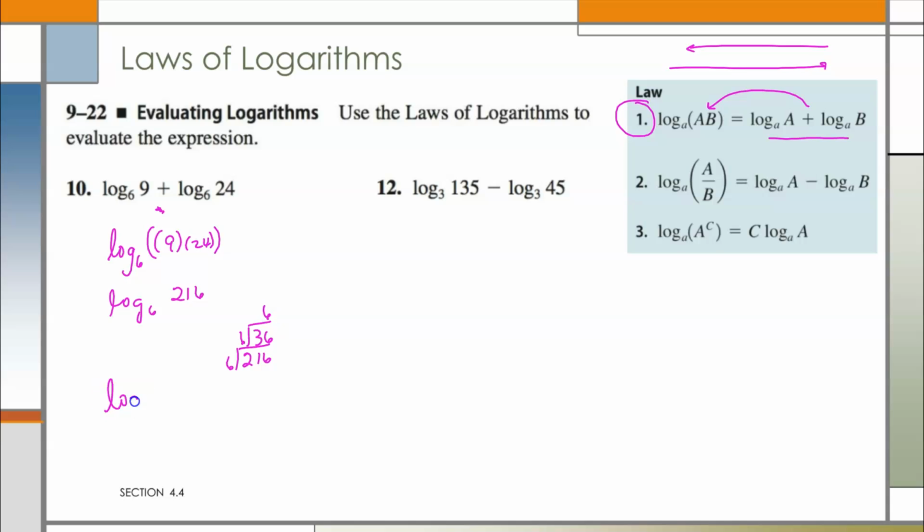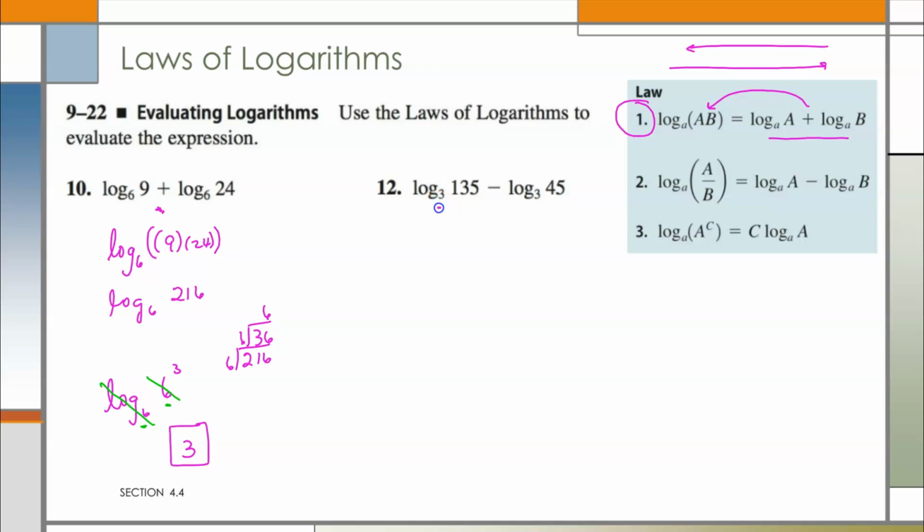So this is the same as log base 6 of 6 cubed. And what did we learn in the last section? Log and exponentials are inverse functions. Log base 6 and exponential base 6 will cancel each other out, leaving us with a 3.